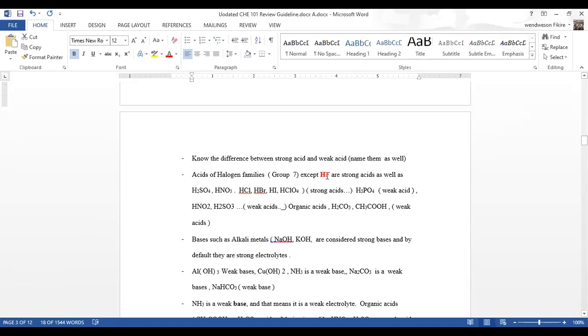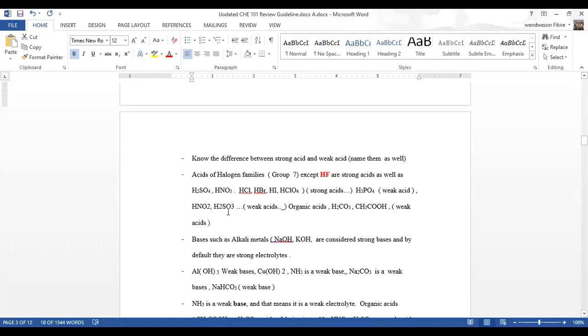Most halogen acids are strong, as well as acids like sulfuric acid, nitric acid, HCl, HBr, HI, HClO4. They all are strong acids. Weak acids include phosphoric acid, and derivatives of strong acids like nitrous acid and sulfurous acid are considered weak acids.